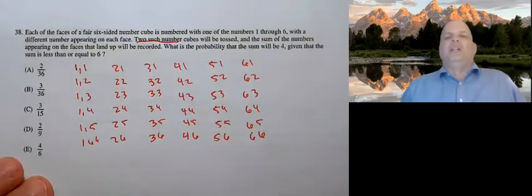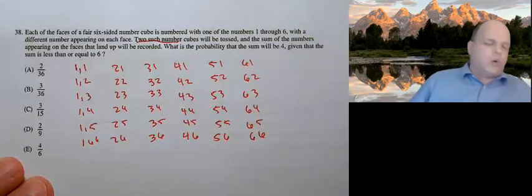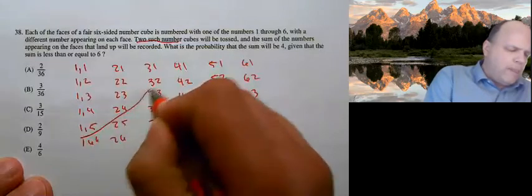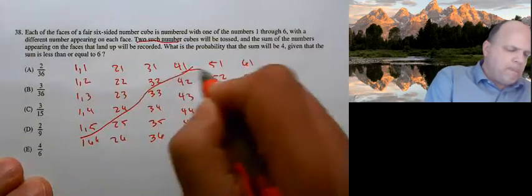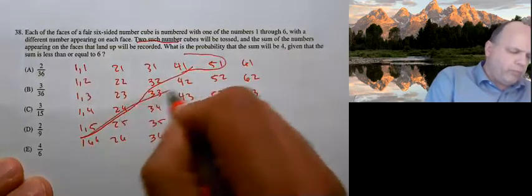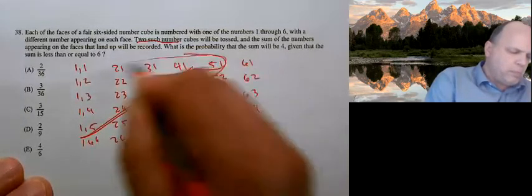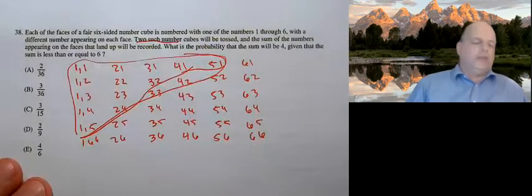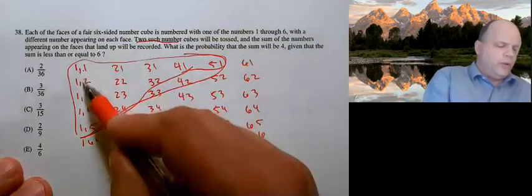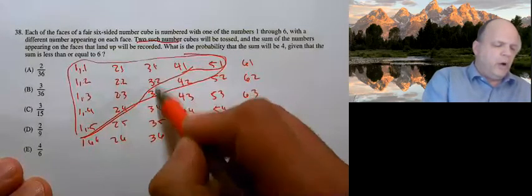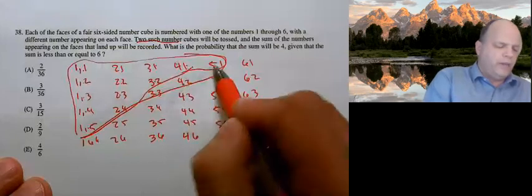What is the probability the sum will be 4 given that the sum is less than or equal to 6? Those are the values that are less than or equal to 6: 1, 2, 3, 4, 5, 6, 7, 8, 9, 10, 11, 12, 13, 14, 15.